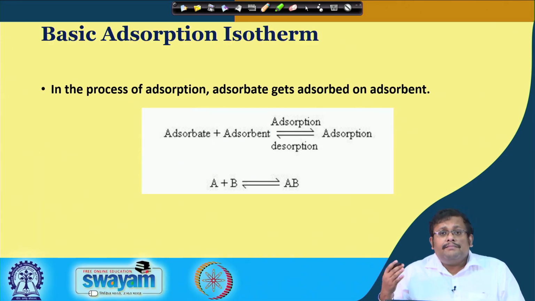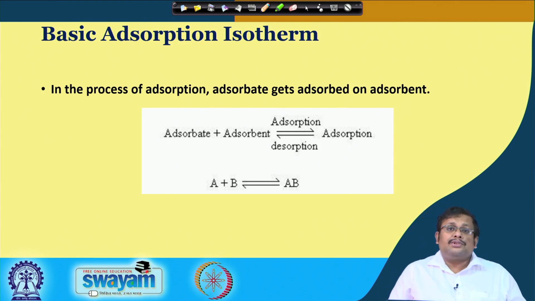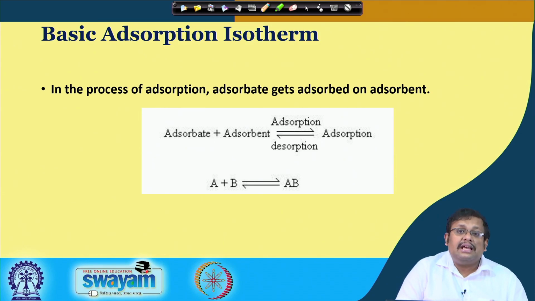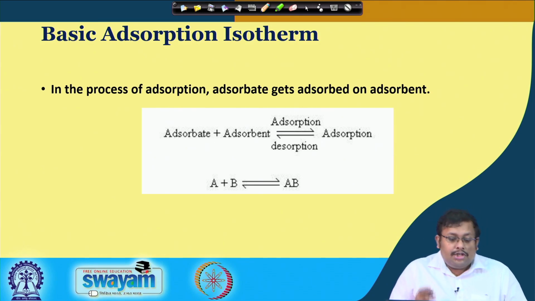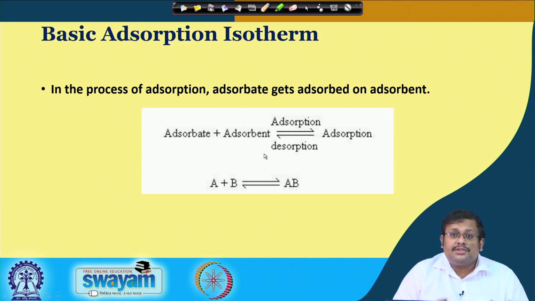Now, let us consider another important topic, that is basic adsorption isotherms. In the process of adsorption, the adsorbate gets adsorbed on the adsorbent. If we consider the adsorbent to be soil in our case, and the adsorbate to be the ions or metals present in the soil solution, then in the adsorption process these metals get adsorbed onto the soil surface.